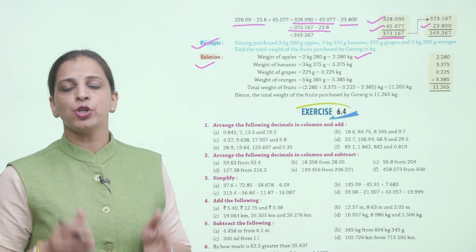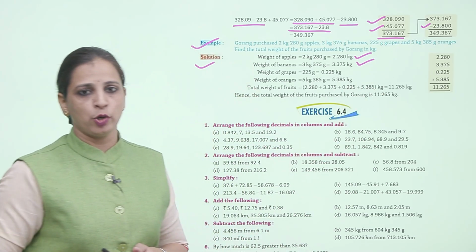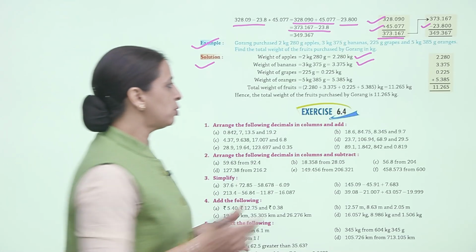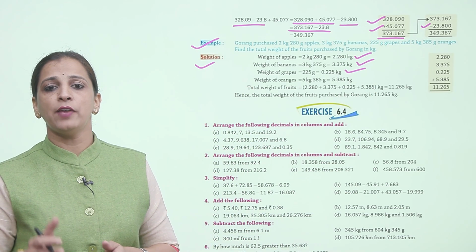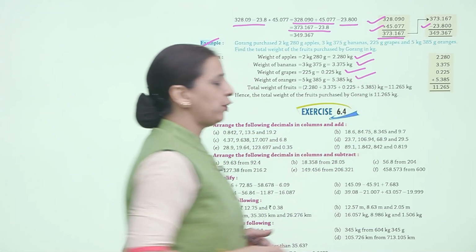Weight of bananas is 3.375 kilogram. Weight of grapes is 225 gram, that becomes 0.225 kilogram. Weight of oranges is 5.385 kilograms.